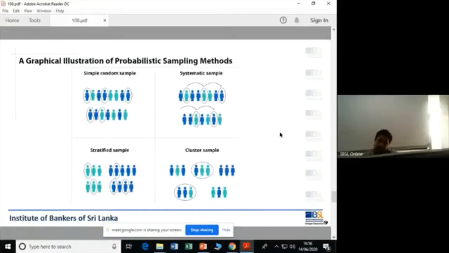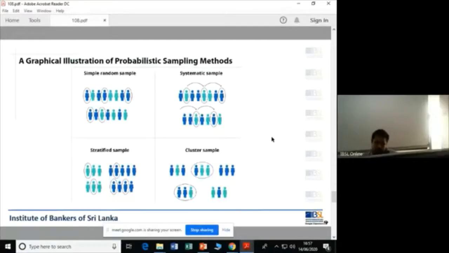The third one we discussed is called the stratified sample, where you group your population based on a particular characteristic, and from those groups you could use simple random sampling or a probabilistic sampling technique to select some random data points for your sample.